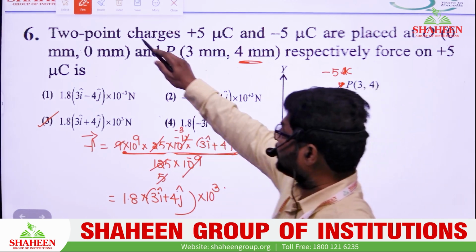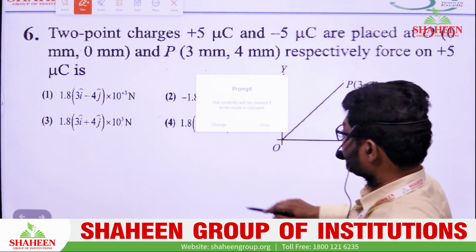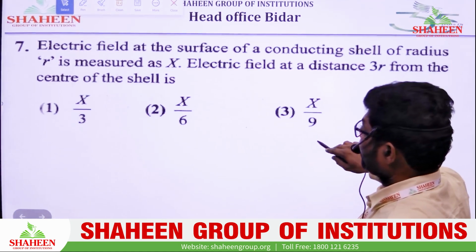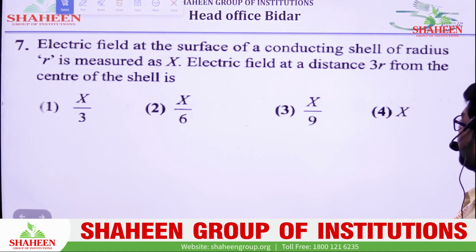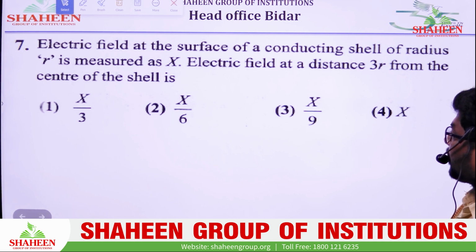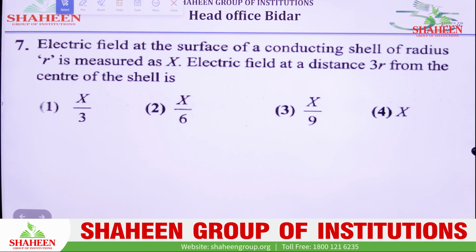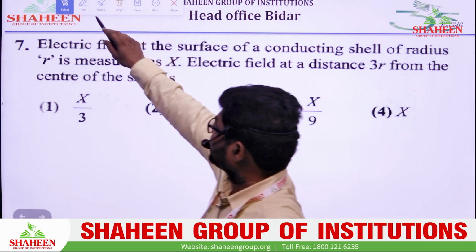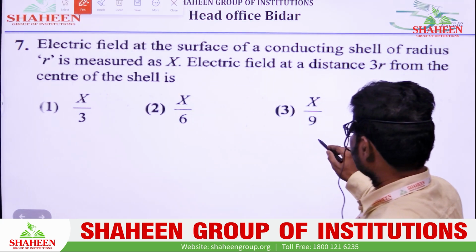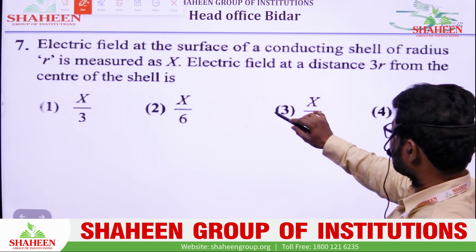Next one, please. The electric field at the surface of a conducting shell of radius r is measured as x. What is the electric field at a distance 3r from the center of the shell? E is inversely proportional to r square, so 3 times the distance means x by 9.